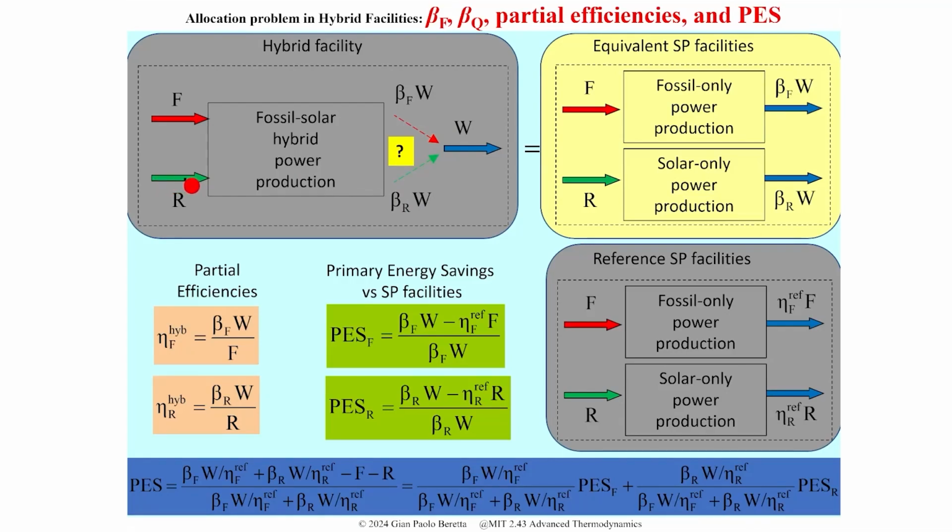Because in the end, it turns out that these hybrid facilities have slightly higher efficiencies than photovoltaics. So if photovoltaics is like 15% efficient, these facilities may go over 15%. And so it may be a better way of using solar energy for electricity production.